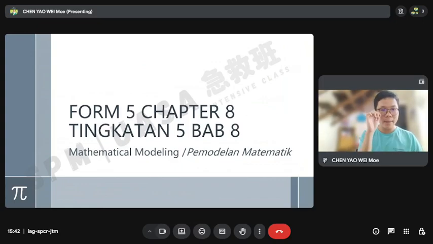Hi everyone, this is just some extra knowledge for you about chapter 8, mathematical modeling.